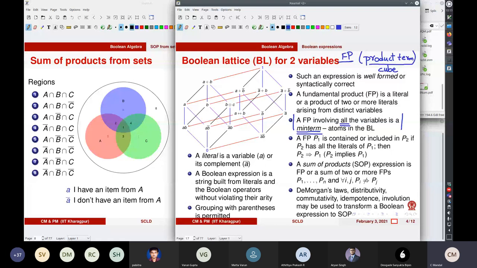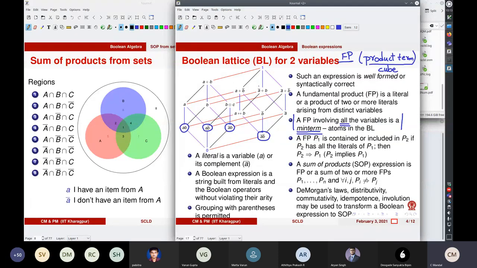If you have two variables, these are the fundamental products involving all the variables. These are not fundamental products, by the way. Individually, this is a fundamental product, but this whole thing is not a fundamental product.